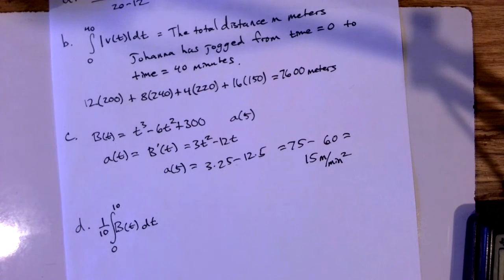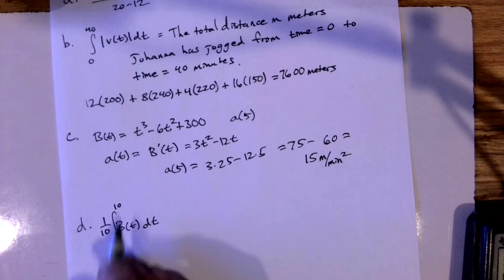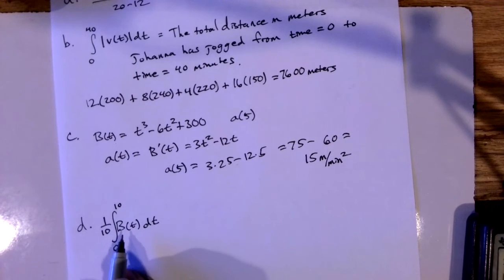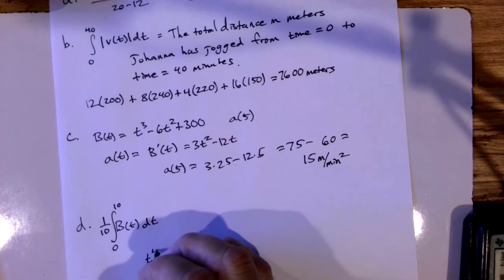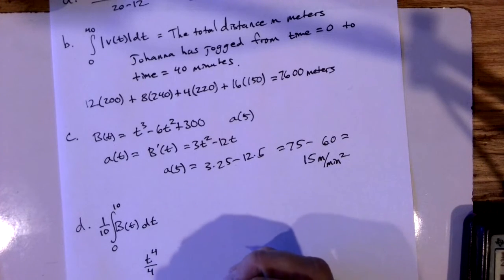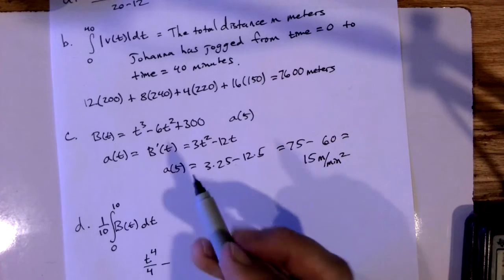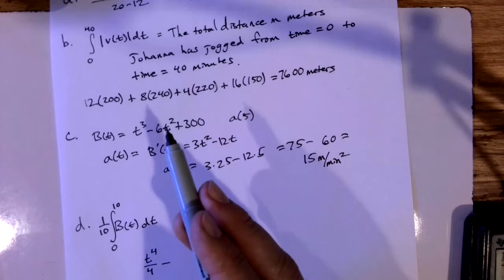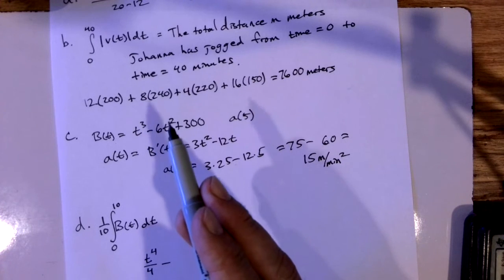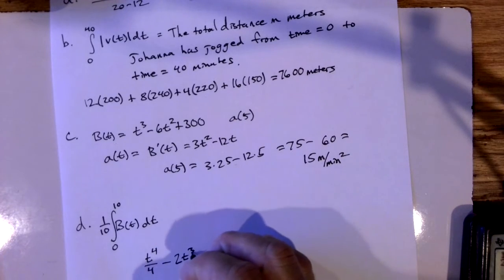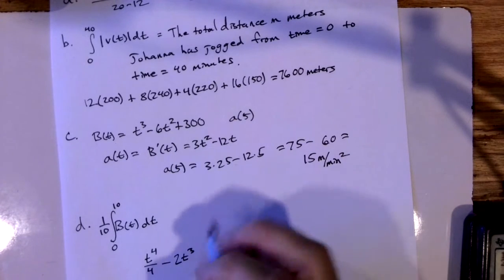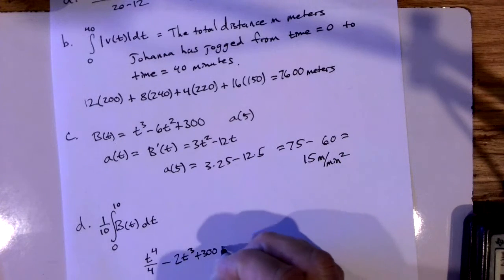So the average value of a function, we do that integral thing, we divide by the width of the interval. So we need to find the antiderivative now of his velocity piece, which is t to the 4th over 4, and then minus the antiderivative of 6t squared. That looks like that's going to be 6t to the 3rd over 3, so 2t cubed, and then plus 300, so it's going to be plus 300t.